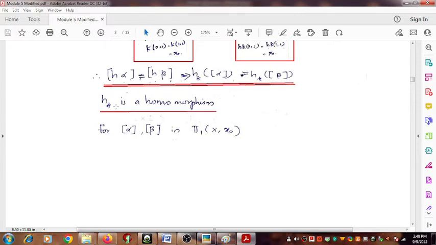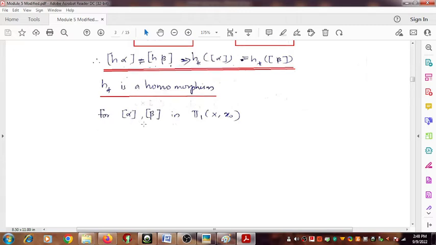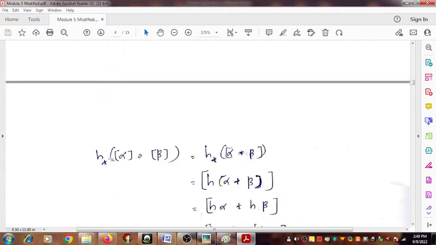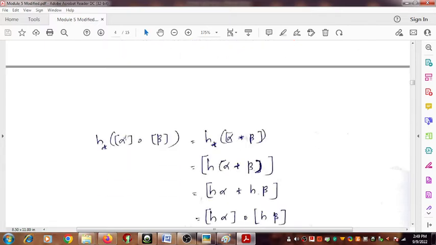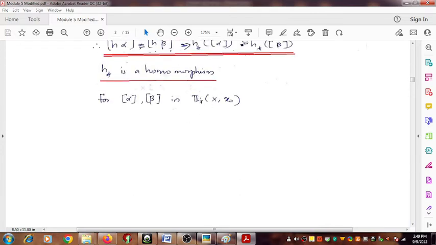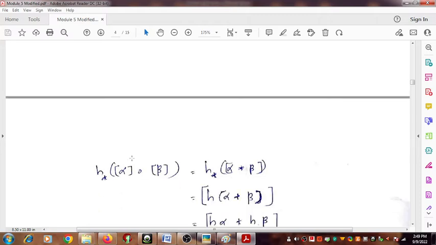Now we shall move to show that H star is a homomorphism. For this we need to take two different members of the first group, class α and class β. We know that the dot operation defined in π1, the fundamental group of X, is defined between classes of loops.